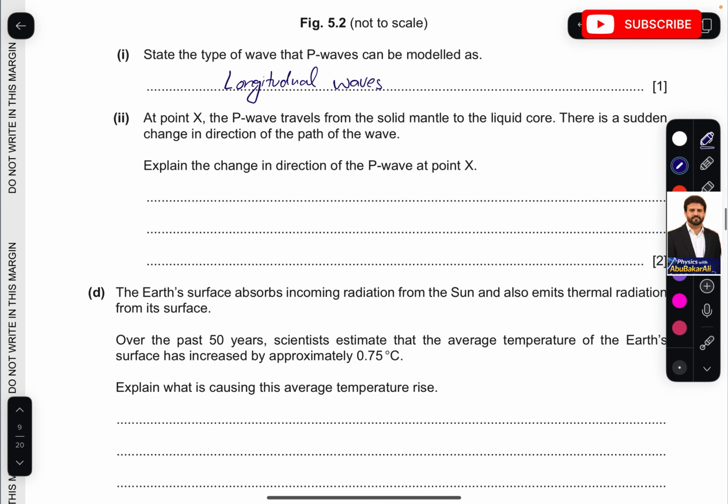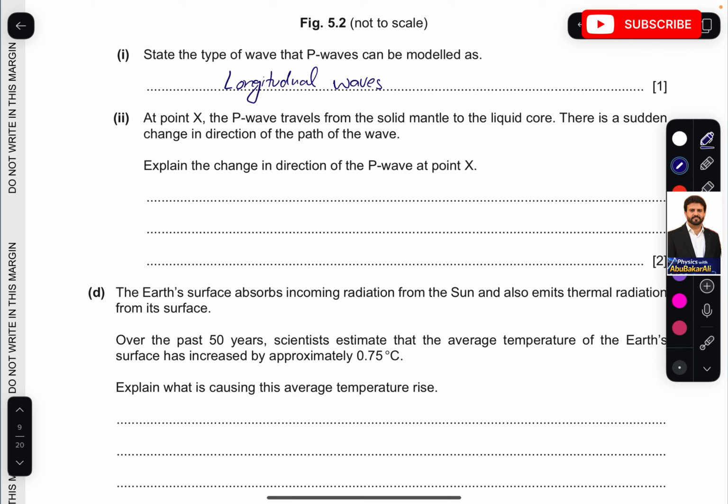Okay. At point X, the P wave travels from the solid mantle to a liquid core. They're changing the medium from solid to liquid. There is a sudden change in direction of the path of the wave. Explain the change in direction of the P wave at point X. Why is it changed? When they move from one medium to another, what will happen?